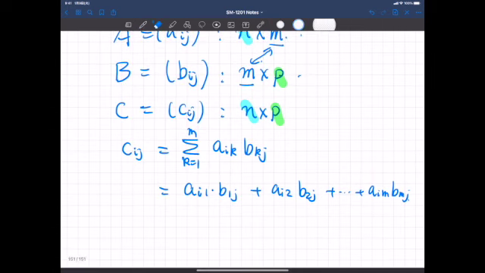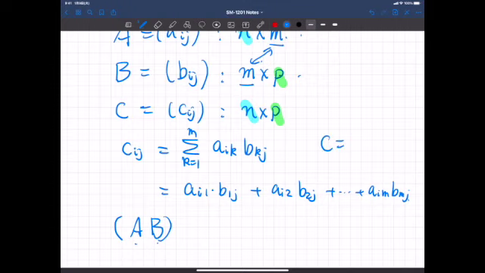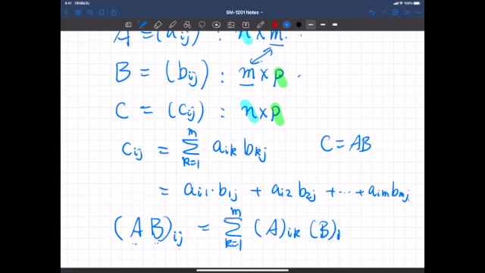So another way to write this is we write AB. So this is matrix multiplication. Okay, so in this case we write C is equal to AB, and the ij element of the product AB is defined as this summation of Aik and Bkj.